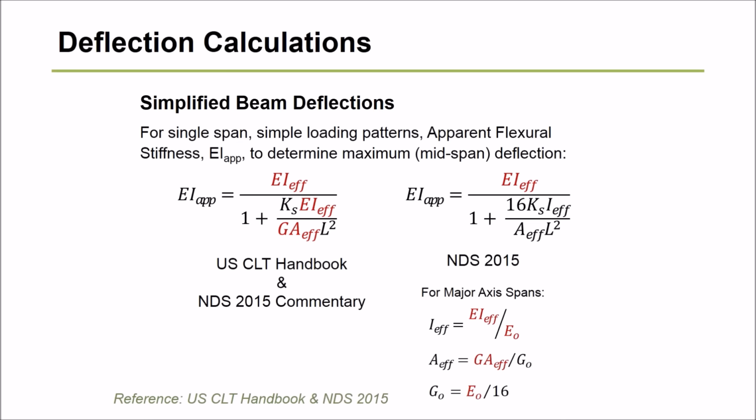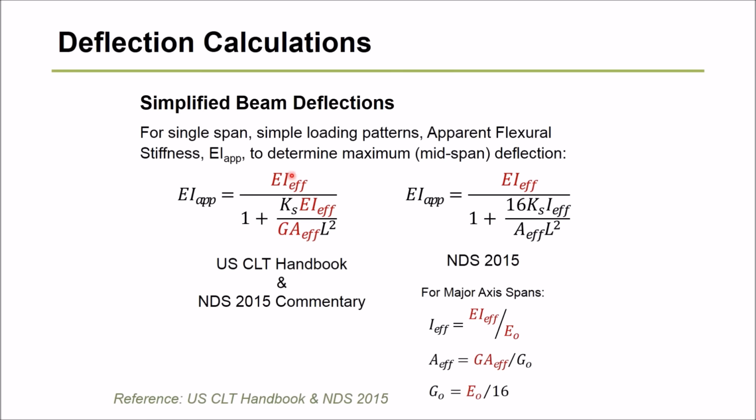There are a couple of different forms of the EI apparent. There's a form that you find in the body of the NDS 2015, shown here on the right, a form shown in the commentary of the NDS 2015, and the form shown in the CLT Handbook. They give you the same answer; they're just algebraically manipulated in different ways.